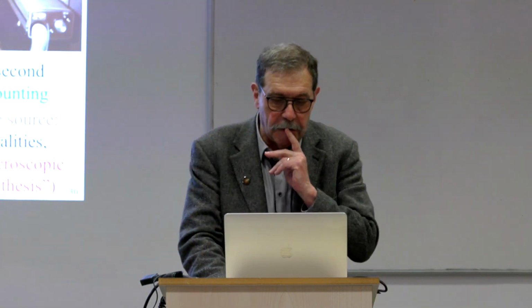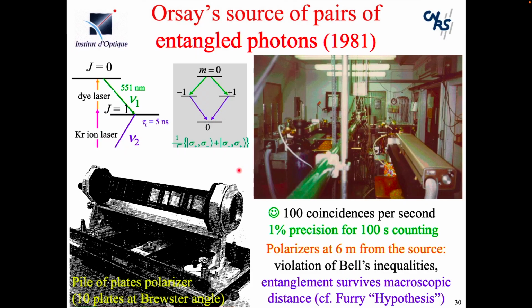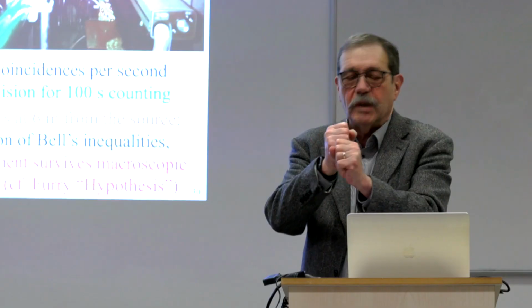But we tested something interesting, the so-called Furry hypothesis. There were people who would say, okay, entanglement, we understand entanglement. As a matter of fact, if you want to understand the levels of the helium atom, you know there are 2 electrons in the helium atom. If you want to understand the structure of the levels of the helium atom, you have to think of an entangled state. But it was at short distance.